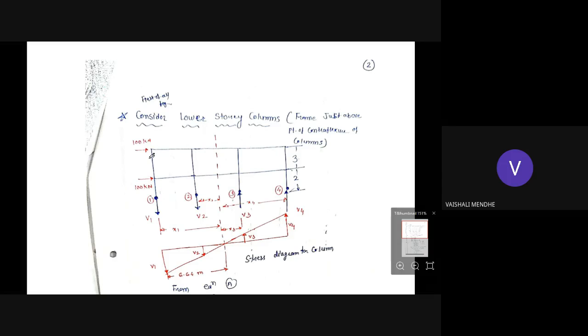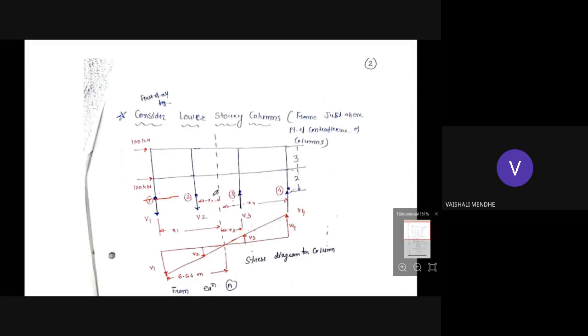Here you can see the upper story is drawn as it is. In the lower story you have to show the frame just above the point of contraflexure. I have shown the frame broken from here. I have shown all the loading as it is, then the distances x1, x2, x3, x4.